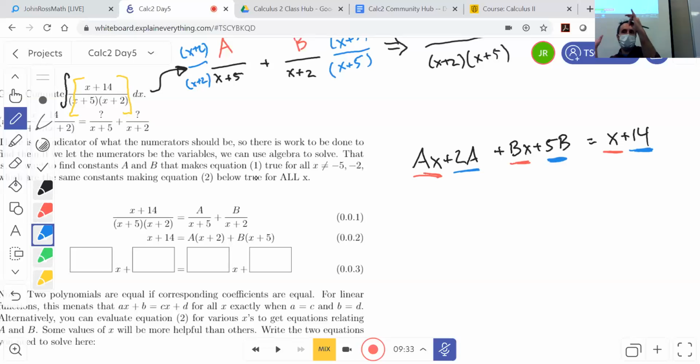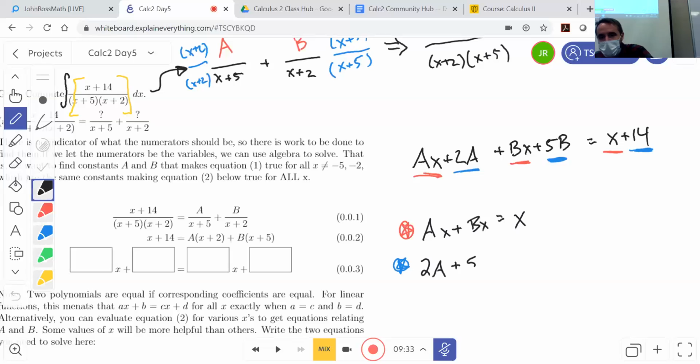So in other words, we're going to break things up according to the x terms and the non-x terms. According to the x terms, we've got Ax plus Bx equals x. And then according to the non-x terms, that's 2A plus 5B equals 14.